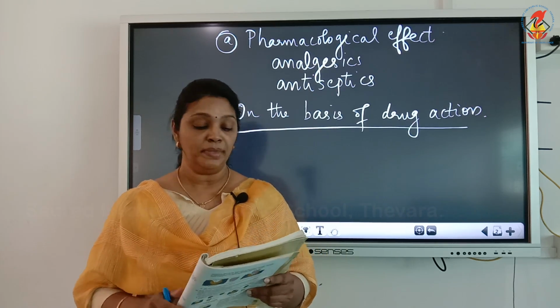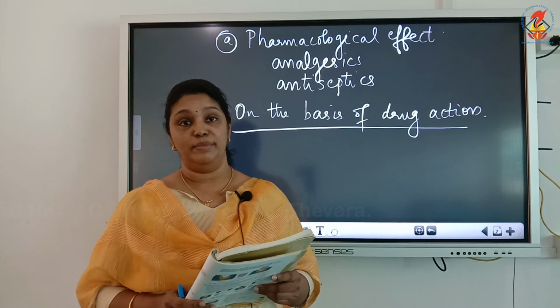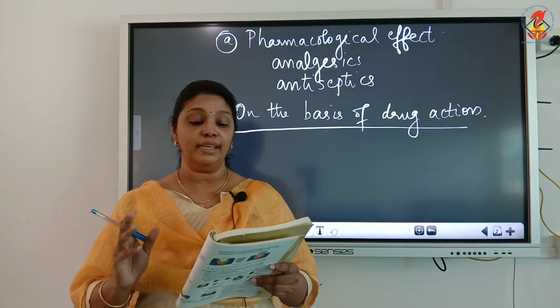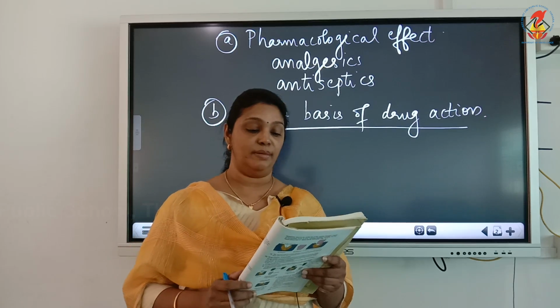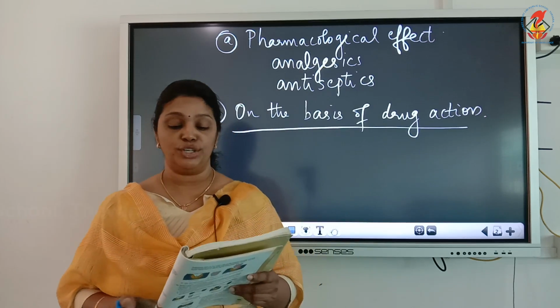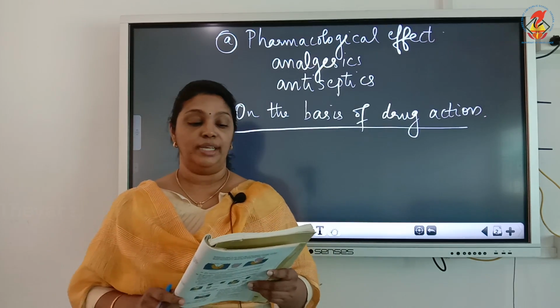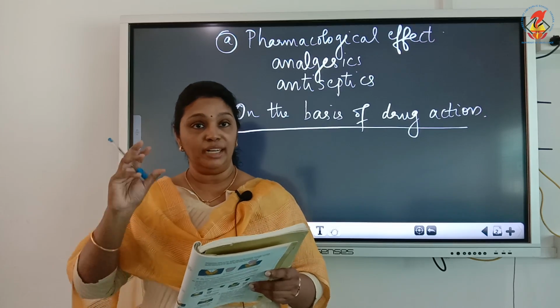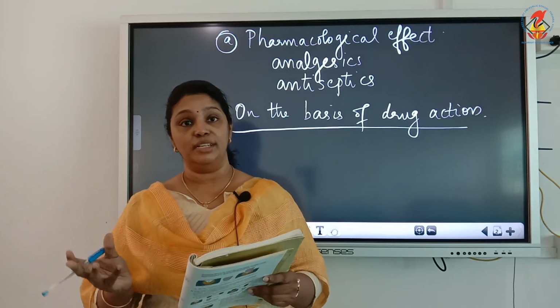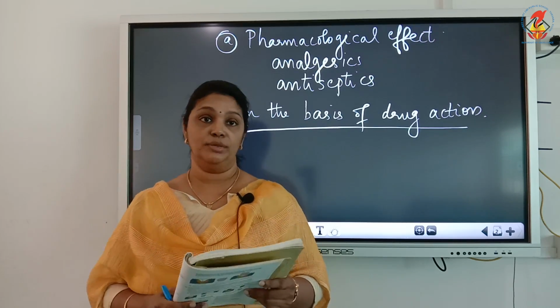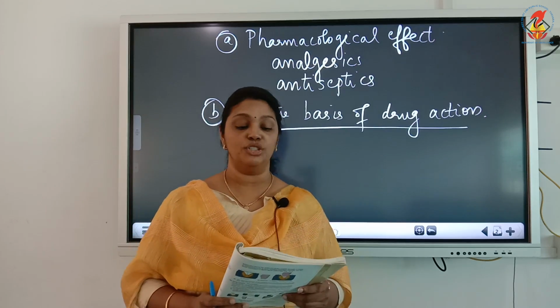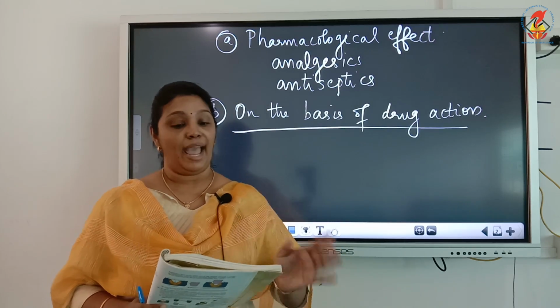For example, we know antihistamines. They are class of drugs which inhibit the action of the compound histamine, which causes inflammation in the body. Okay, so a particular class of drug is used in the treatment of a particular problem. So the second classification is based on the drug action.